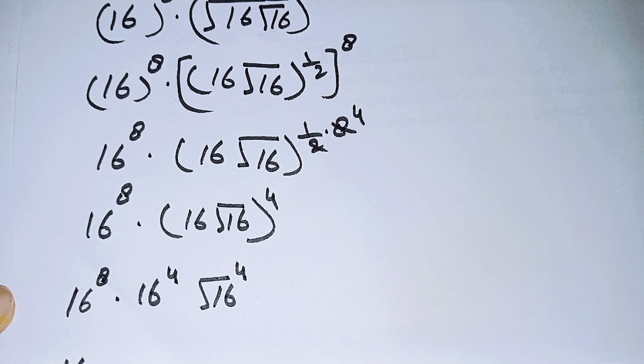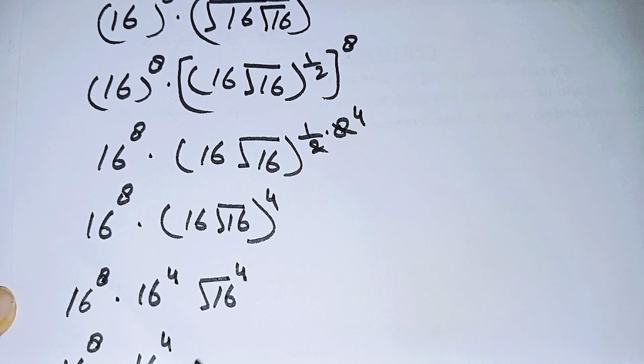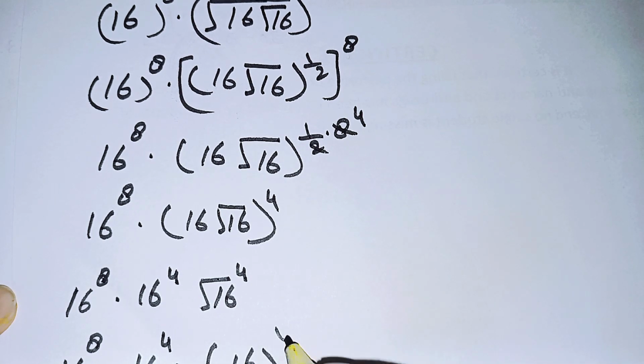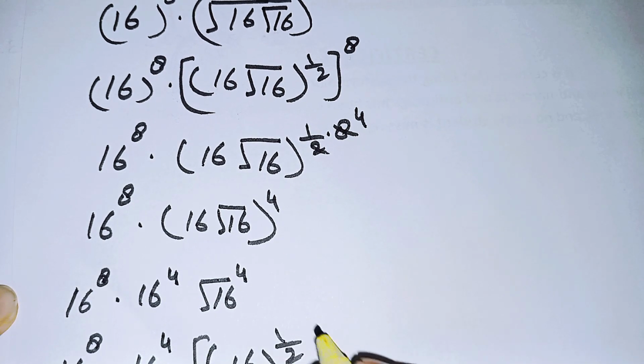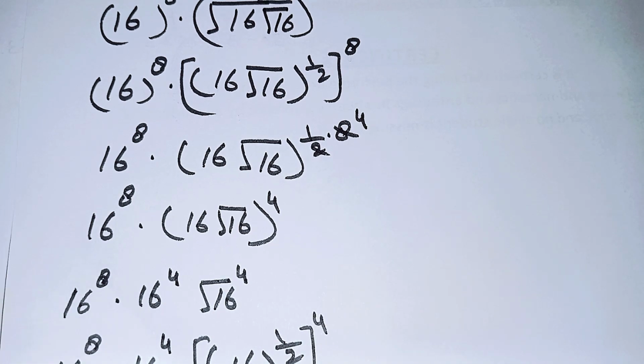And now 16 to the power of 8 times 16 to the power of 4, and then times this 16, and this square root is 1 over 2, and the whole thing to the power of 4.